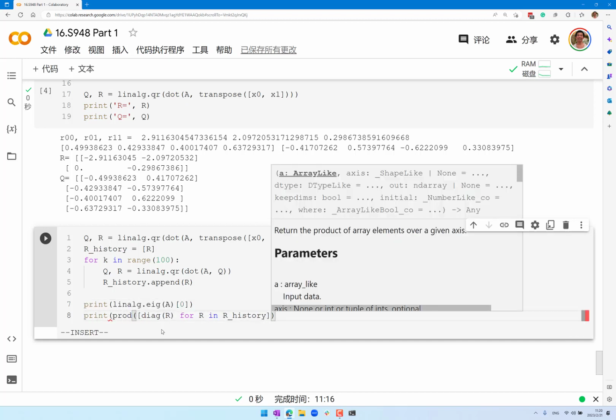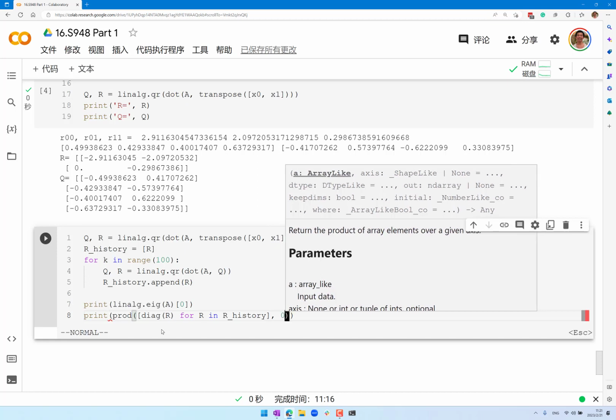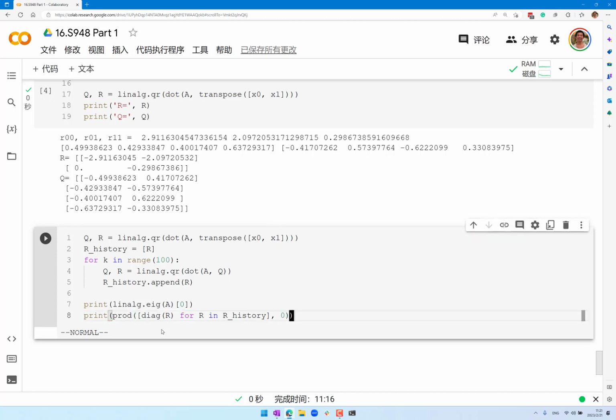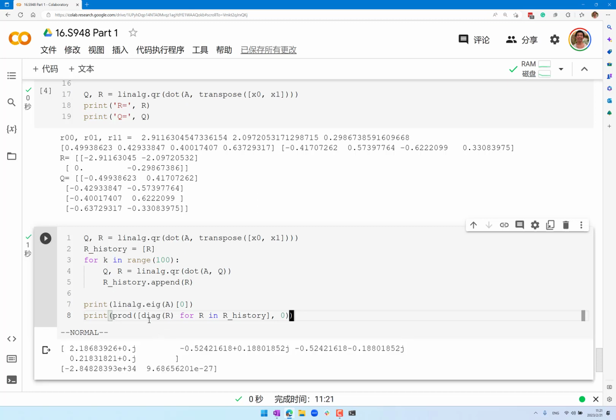The product of that over the first dimension, which is going to basically multiply the 1-1 entry of all the R's and also the 2-2 entry of all the R's. And let's take a look at what it does.